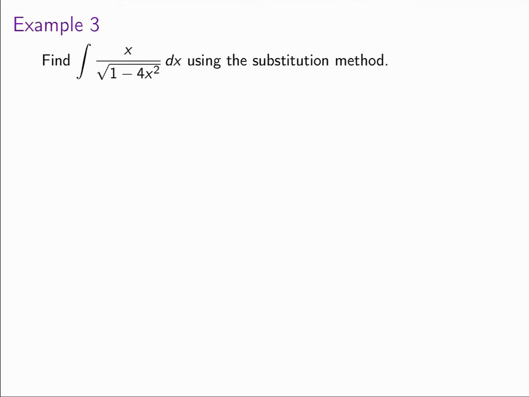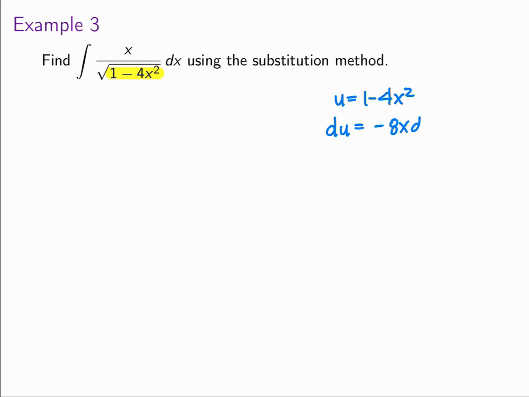So let's look here. If I'm thinking about an inside function, my gut tells me to look at this 1 minus 4x squared. It's inside something, it's under that square root. And if I choose that, I have u equal to 1 minus 4x squared.